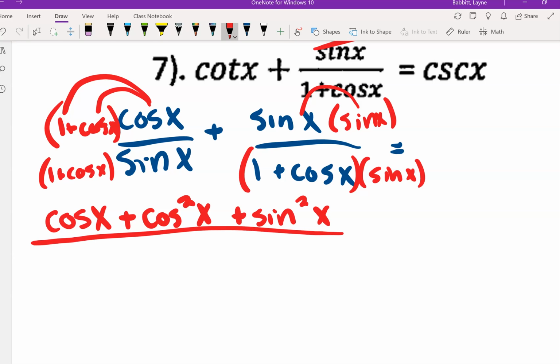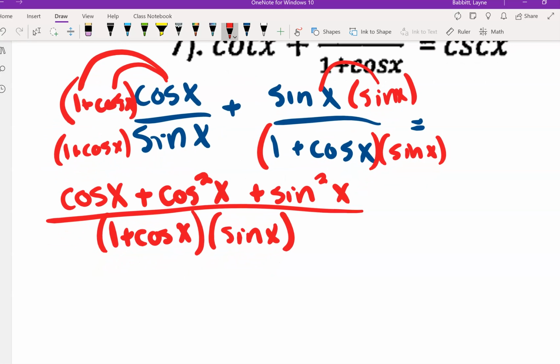And then that's all going to be over my common denominator. I'm just skipping ahead to when I add these two together. My common denominator is going to be 1 plus cosine x times sine x. I may multiply those together if necessary later, but I might not have to do that.